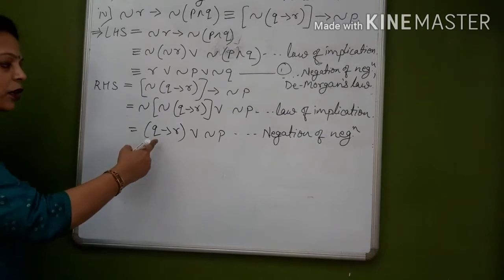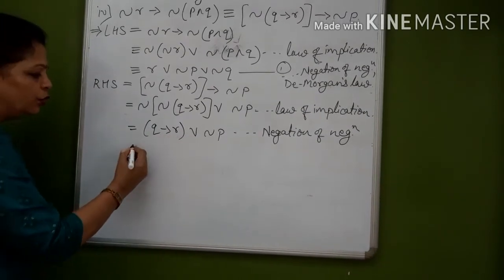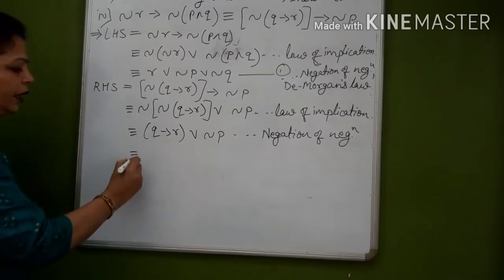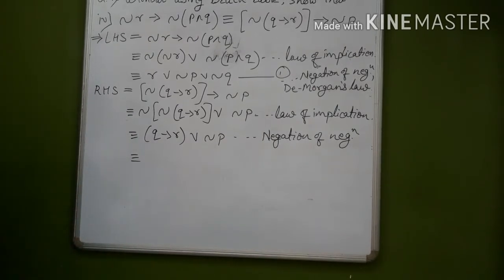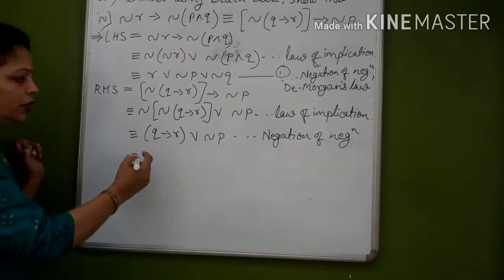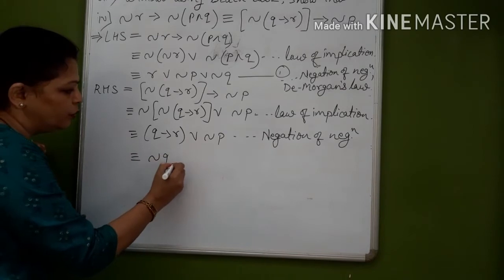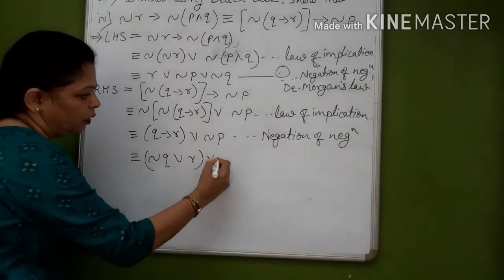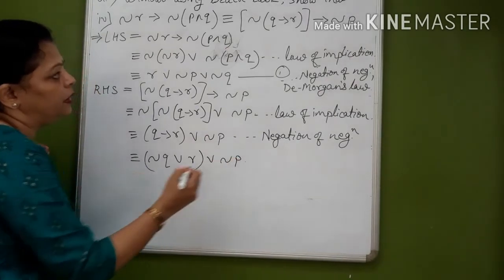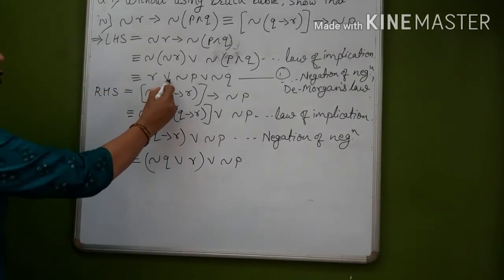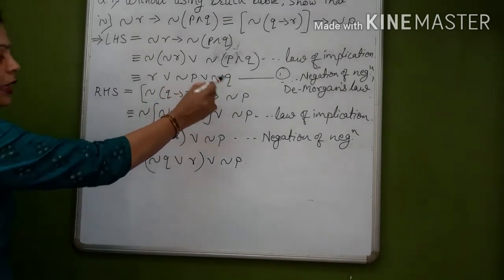Then again apply the law of implication to Q implies R, so here you will get negation Q or R or negation P. See what we have got here? R or negation P or negation Q.